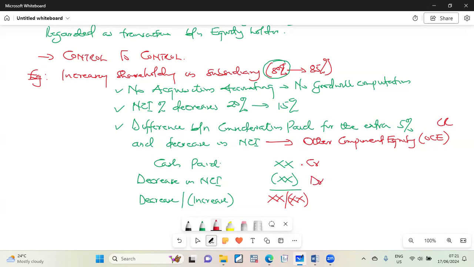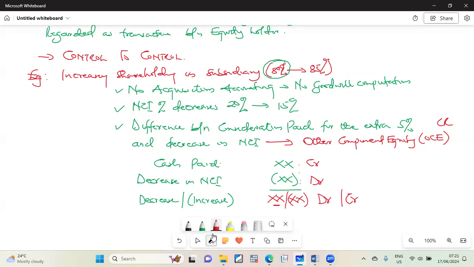If this results in an increase or a decrease, these things are going to affect your balances. So if the difference needs a debit, you do another debit to your other component of equity, but the other way around, if it is going to be the credit side, you will do that. All right. So basically, that is what you do.